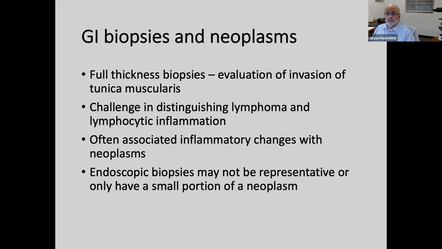It's also true in dogs. And many times you have both a neoplasm and inflammation there at the same time. And many times I've seen cases where we get a biopsy, but the biopsies are peripheral to the true underlying lesion. Especially if you have a neoplasm in the submucosa or the wall of the intestine and you take endoscopic biopsies, they're just not going to show it.